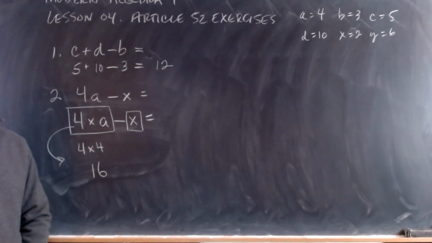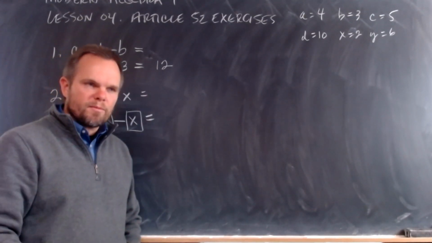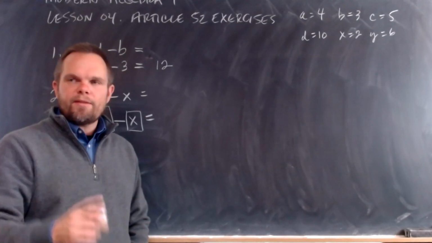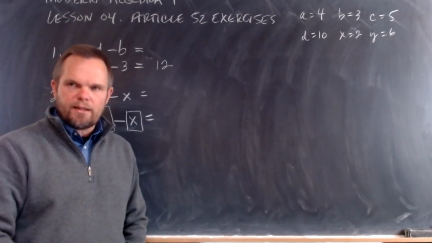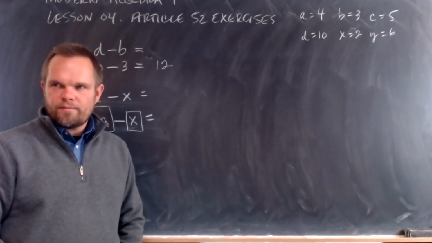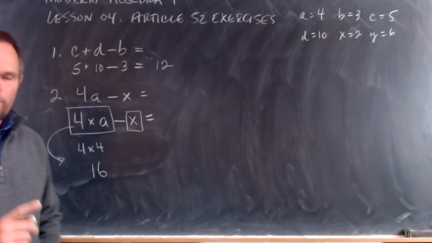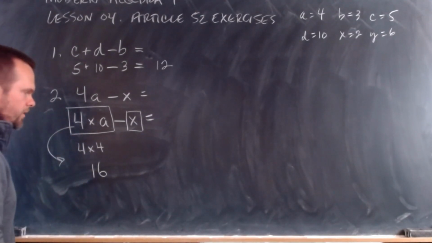Do you understand that? You have to be able to identify terms because you have to find the value of each term by itself. That's the key. You have to find the value of each term first, and you'll see in future questions how this gets more and more complicated.